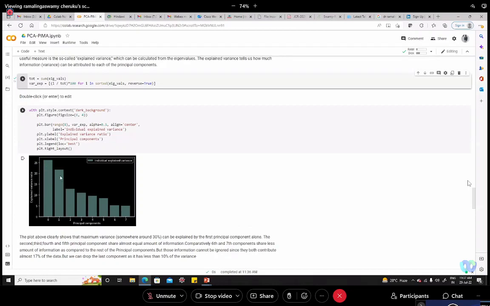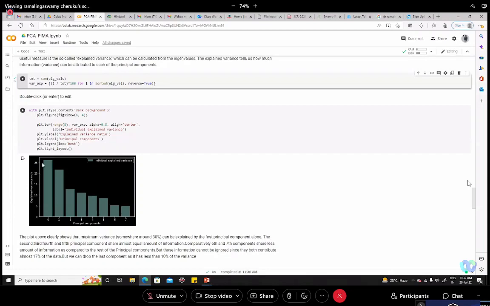The second principal component has nearly 22% of total variance, the third nearly 15%, the fourth nearly 12%, the fifth nearly 10%, and the sixth and seventh principal components contribute nearly 5% towards the total variance.